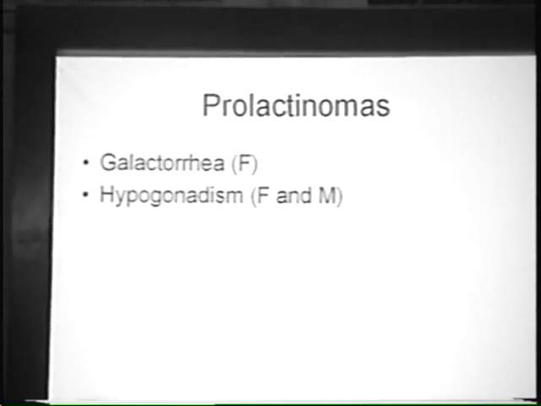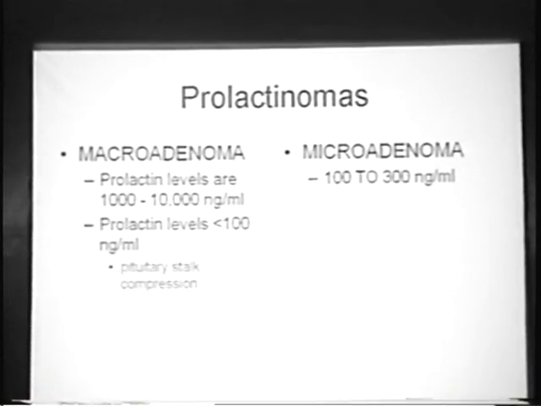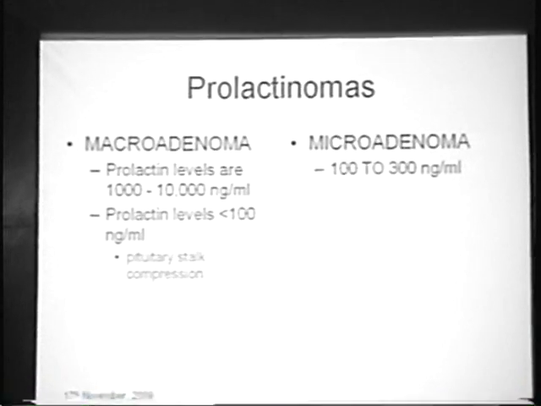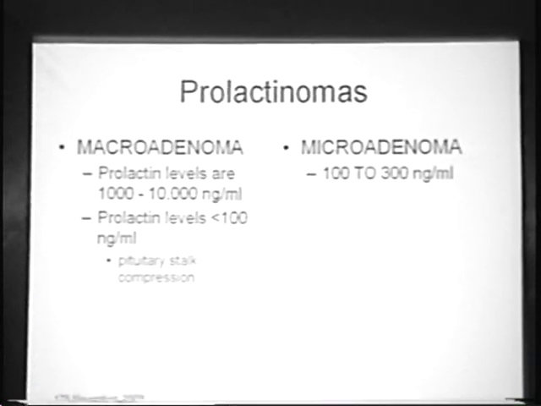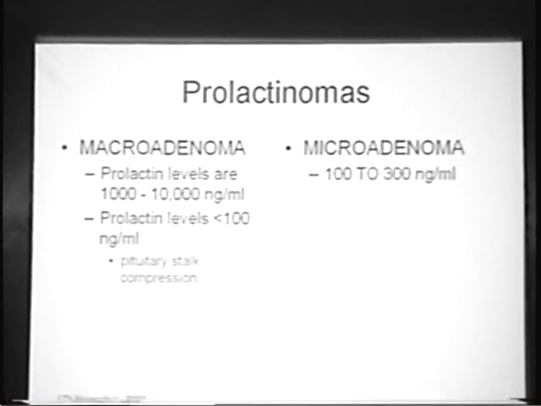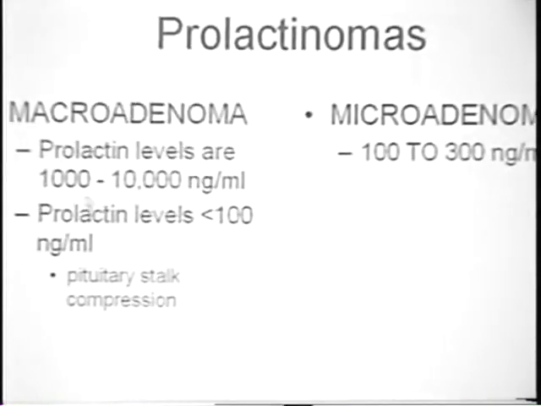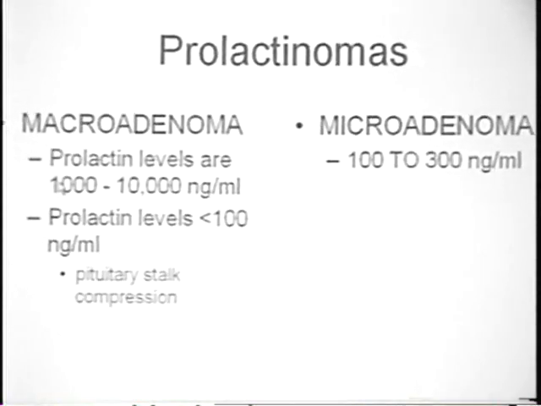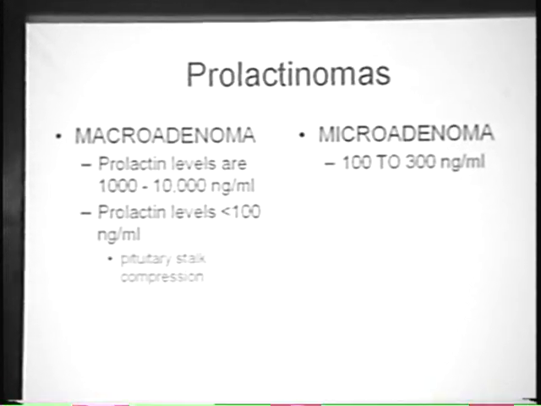Prolactinomas, you've heard me speak about before, cause galactorrhea or hypogonadism. We use the basal prolactin level to give us an idea of whether we're looking at a macroadenoma or a microadenoma. In macroadenomas, the prolactin levels are very high, 1,000 to 10,000 nanograms per ml.